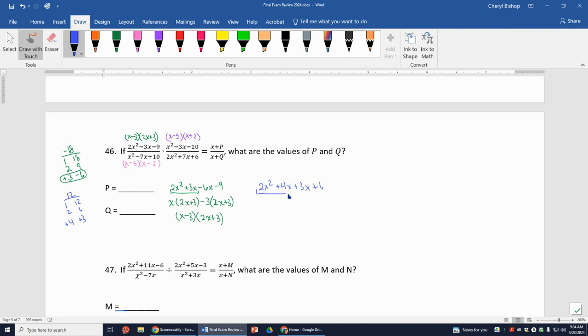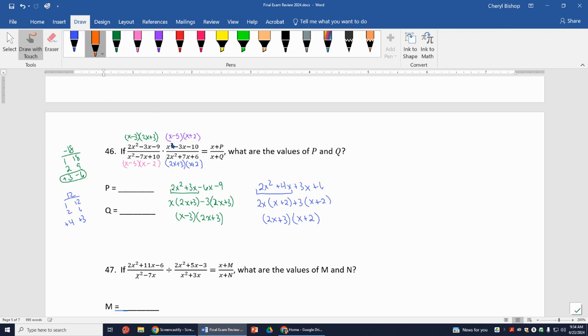Factor by grouping. 2x, x plus 2. I want to get an x plus 2. I'm going to factor 3 out. x plus 2. So I'm going to have 2x plus 3 and x plus 2.